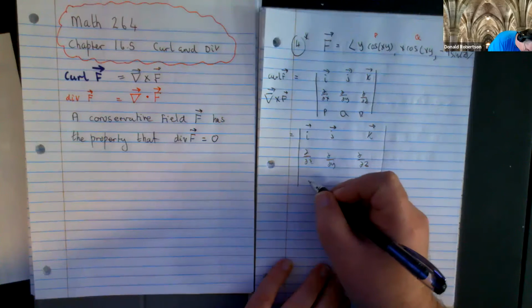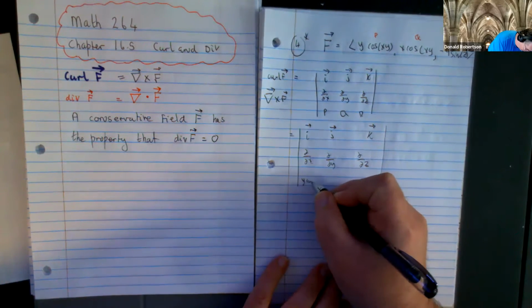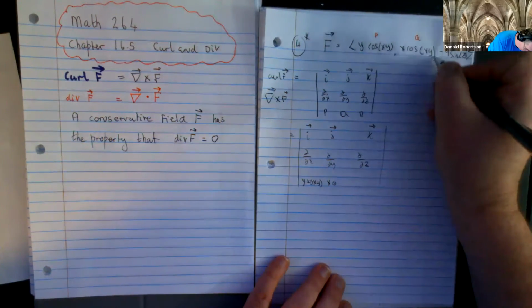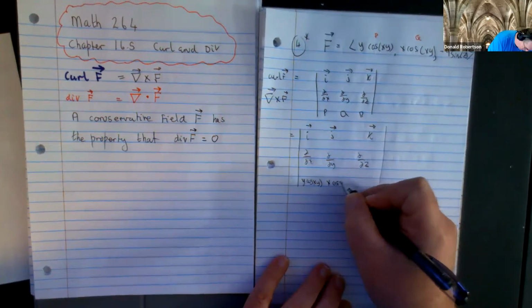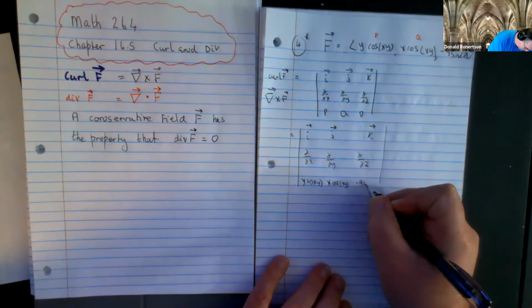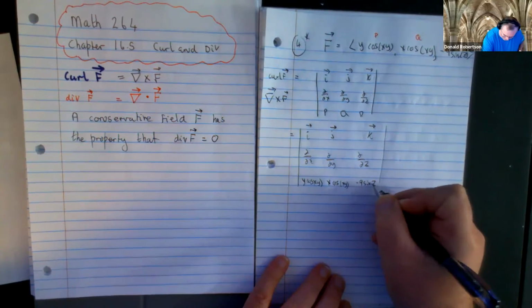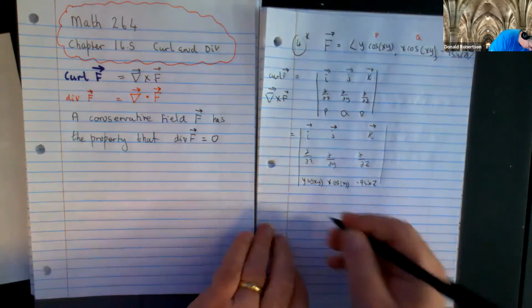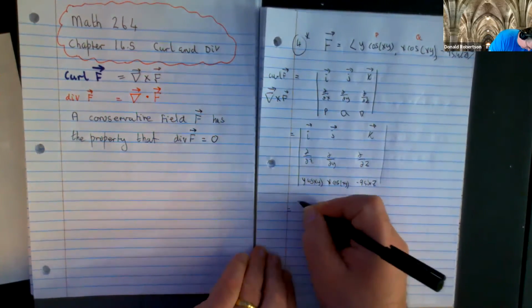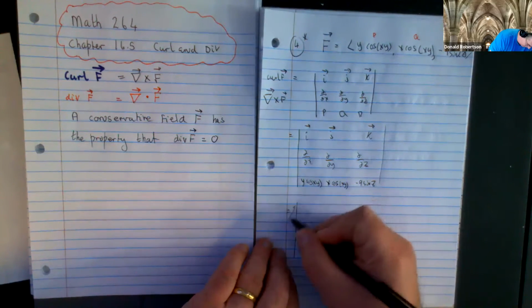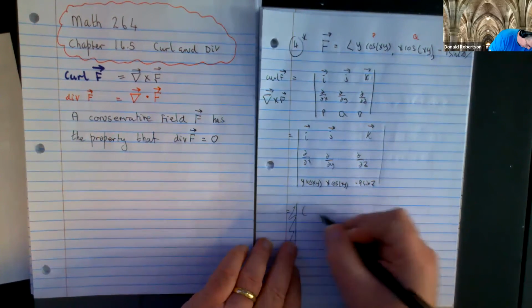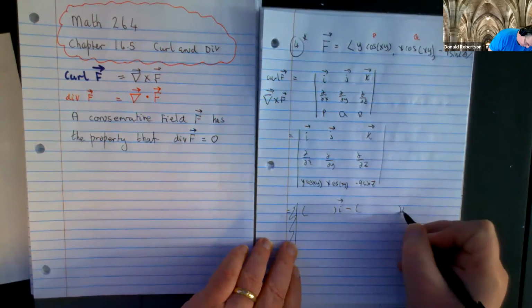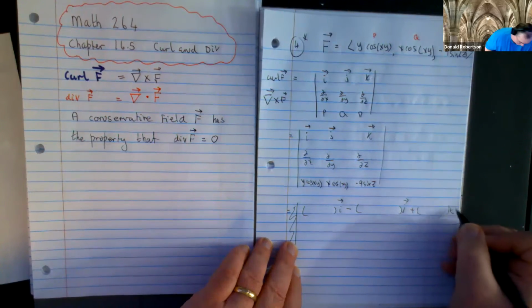And here we're going to do y cosine of xy, x cosine of xy, and -9 sine of z. So many i's, take away so many j's, plus so many k's.